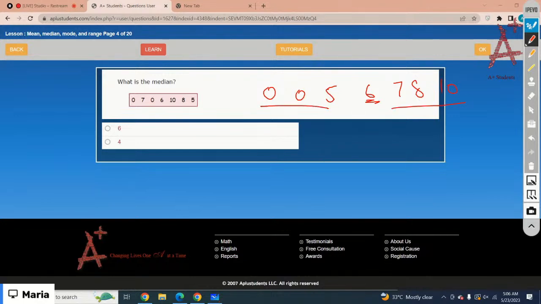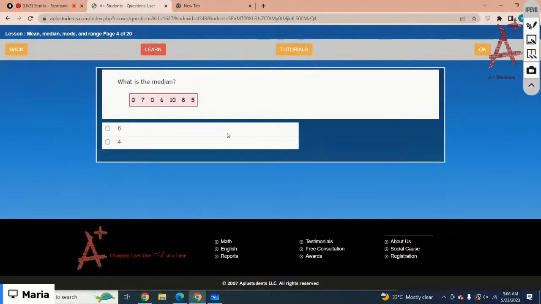So the median of the data is 6. So the correct option is 6.